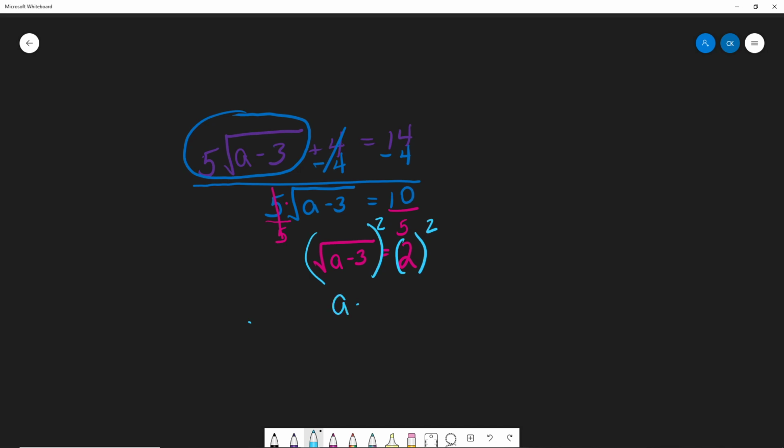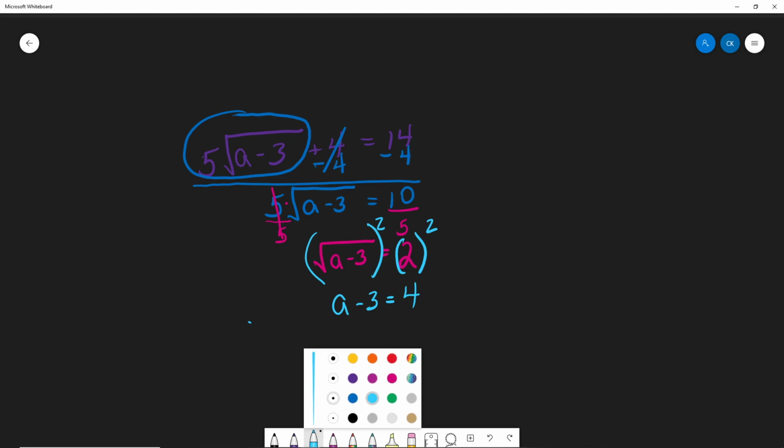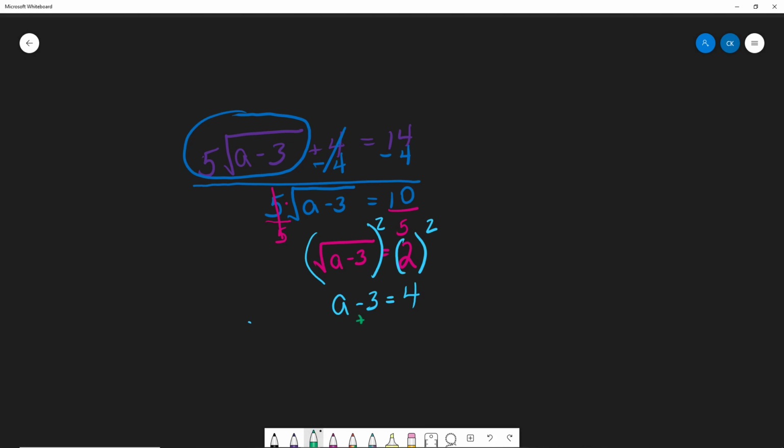In this case, A minus 3. On the other side, I do whatever I have squared. 2 squared, that's going to give me 4. And now I go through with just solving my equation here. I'm going to add 3 to both sides. Those will cancel. And here I'll be left with A equals 7.